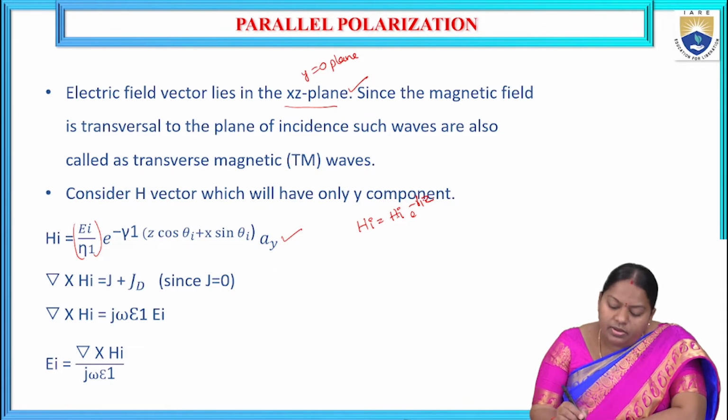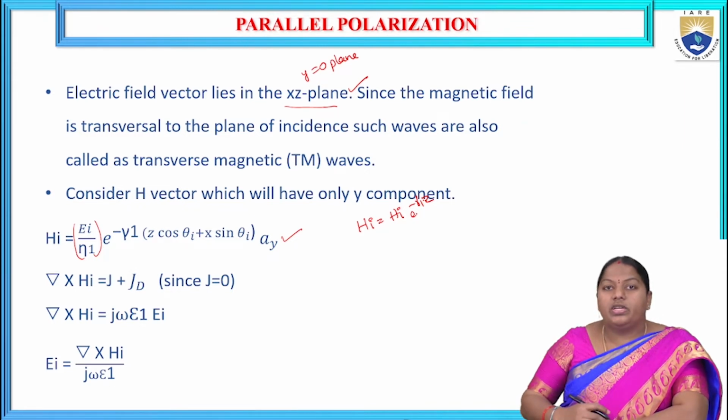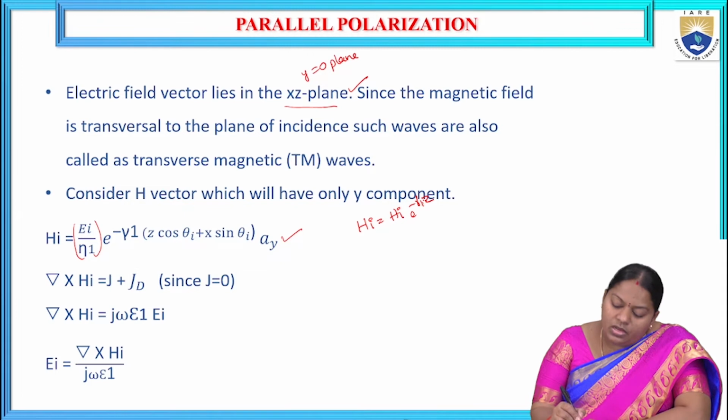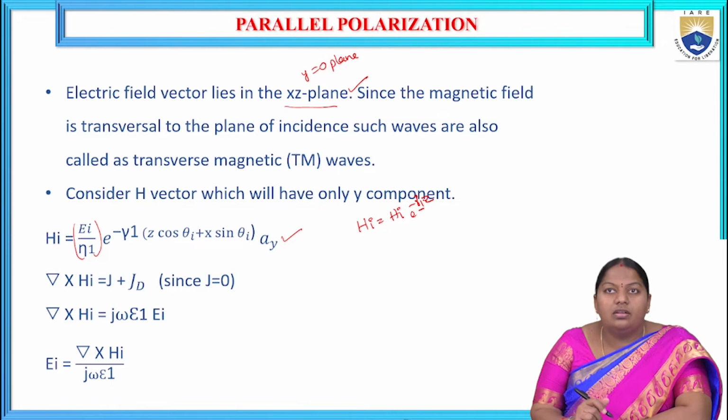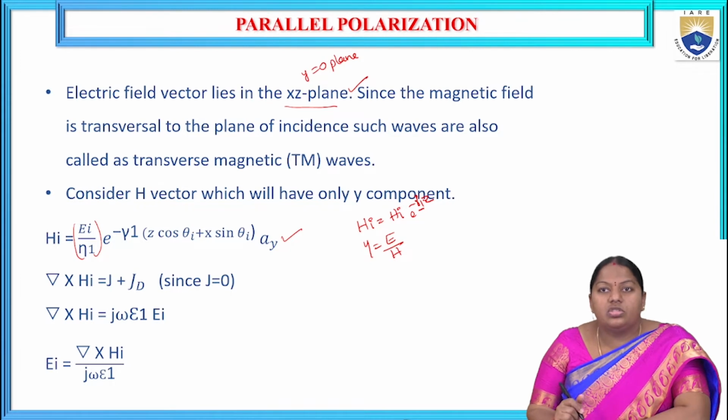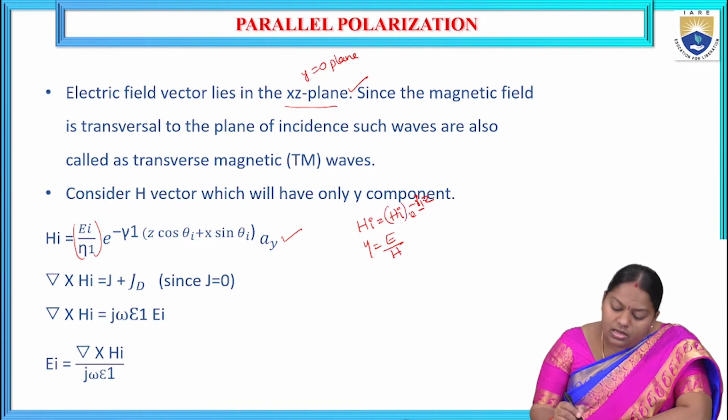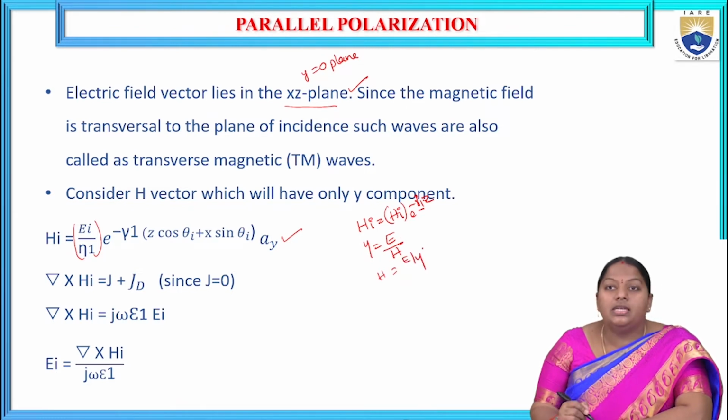I stands for the incident wave, gamma 1 is the propagation constant for medium 1, and z is the propagation direction. See here, gamma 1 into z means the incident wave is in medium 1, hence we represent the propagation constant as gamma 1. So Hi equal to, and in general the intrinsic impedance eta is given by the ratio of the electric field strength E to the magnetic field strength H. Right? So in place of Hi, from this relation H is equal to E by eta. Right?